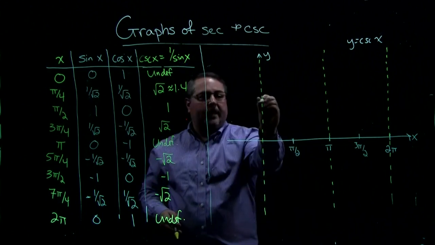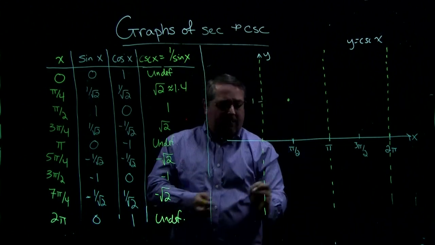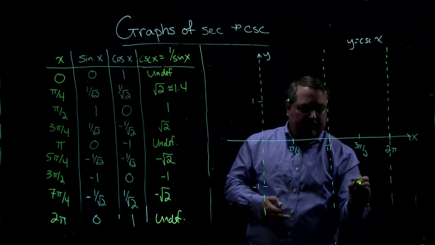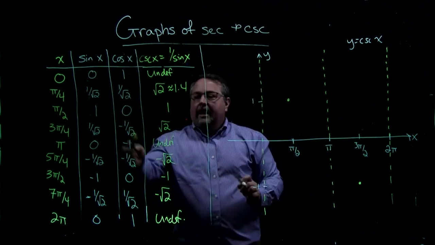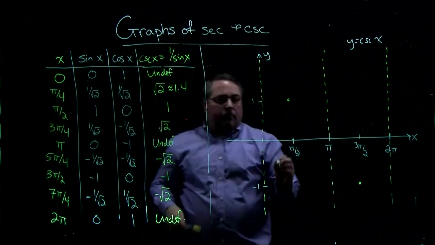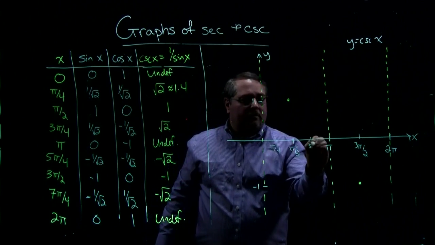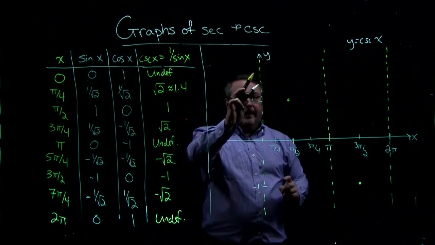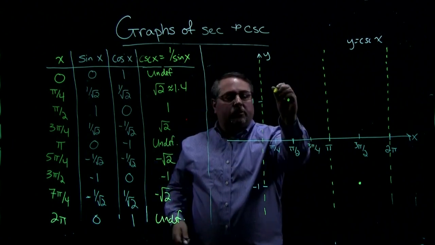Okay, when x is pi over 2, we see that y is 1. When x is 3 pi over 2, y is negative 1. When x is pi over 4 or 3 pi over 4, okay, so this would be when we're in the first and second quadrants, y is square root of 2.